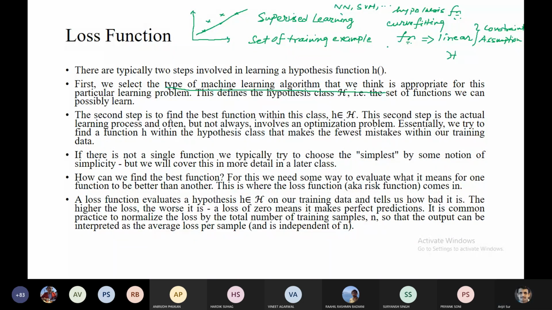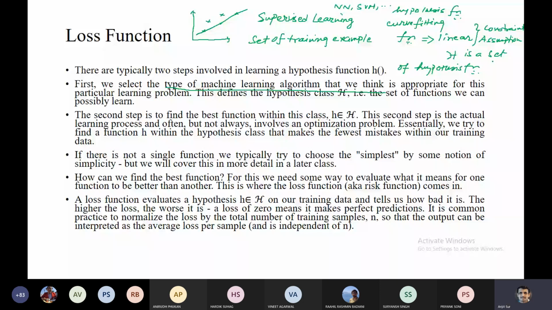H is a set of functions, so this hypothesis class is a set of hypothesis functions. How do we define the set?